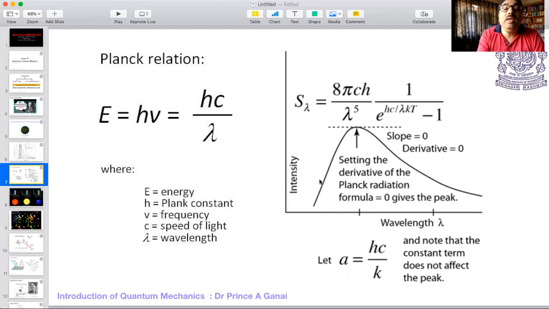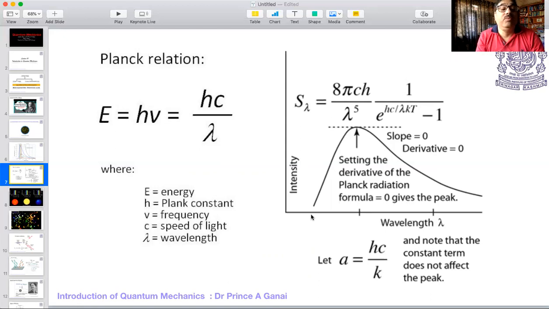So the only way to understand this curve was to believe the hypothesis that the energy emitted by a black body is in quanta. It is not continuous, it is discrete, and the energy of light can be expressed in terms of its frequency as E = h nu. This proposal helped us understand the black body curve.